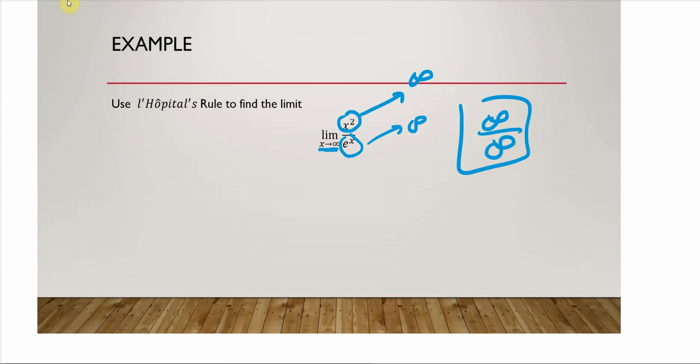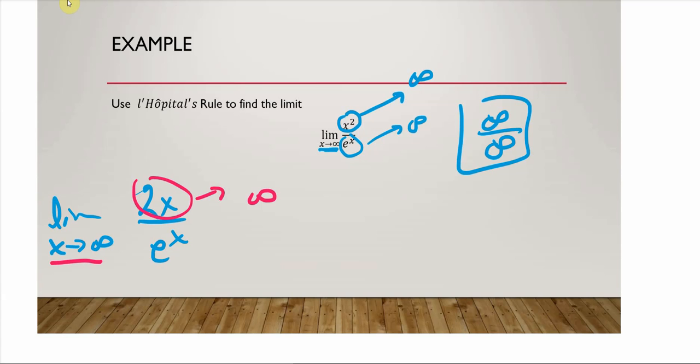So what is the derivative of the top? The derivative of the top is going to be 2x over e to the x, the limit as x approaches infinity. And you're going to say, wait a minute, that did nothing. I still can't plug it in. As x goes to infinity, this guy is going to infinity, and this guy is going to infinity.